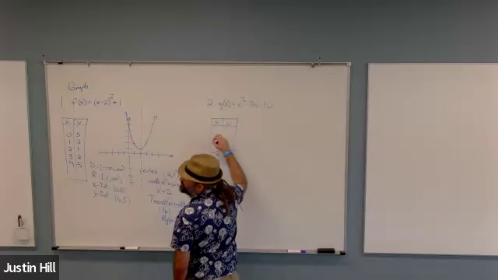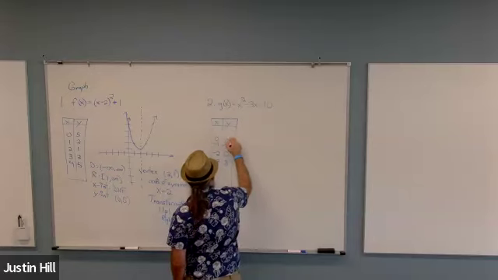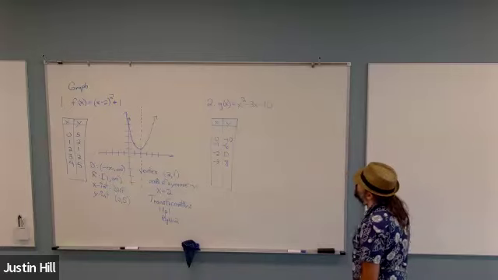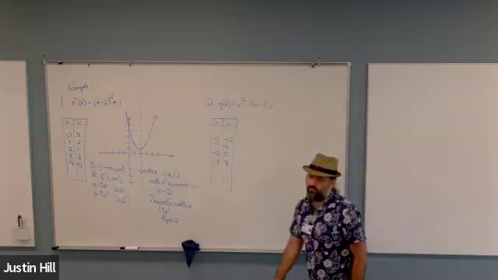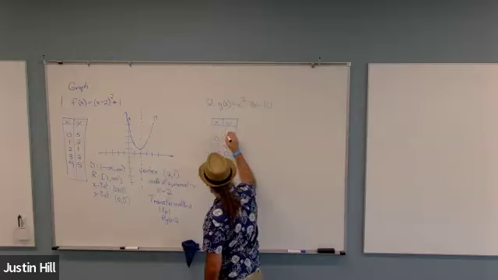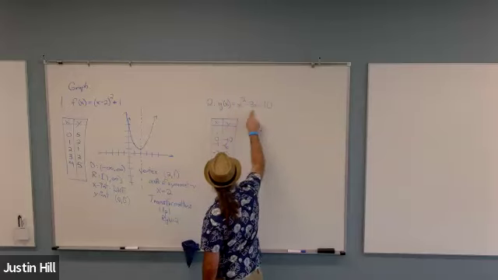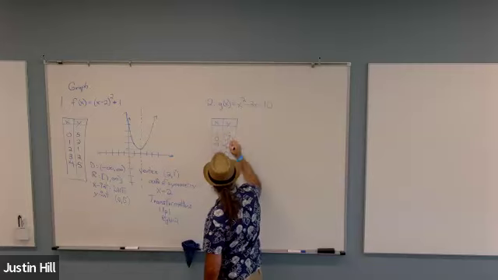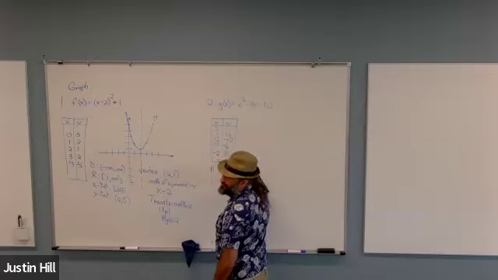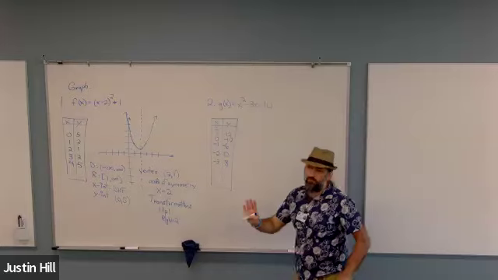You said you plugged in 0. Yeah, 0 should give you a -10, but it is kind of weird. What else did you all plug in? Did anybody plug in 1? 1 should be -12. What about 2? And if you didn't plug in 2, that's fine.